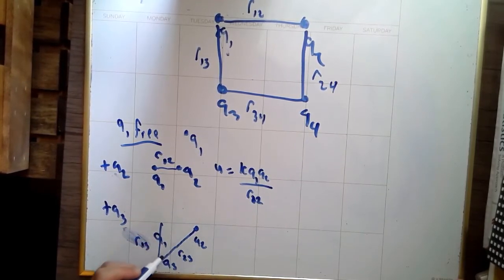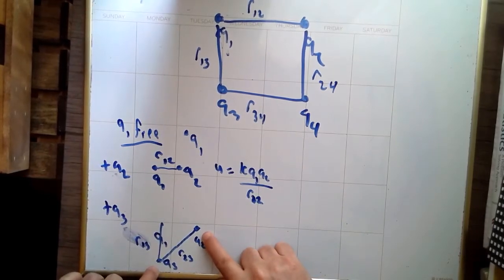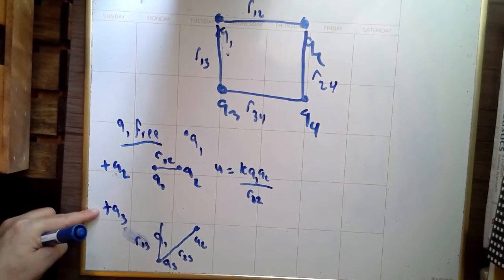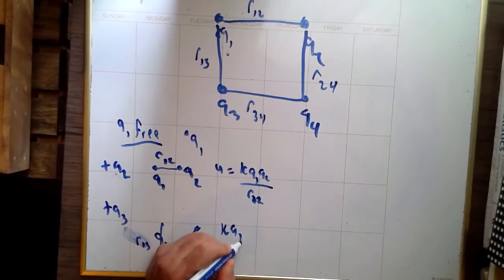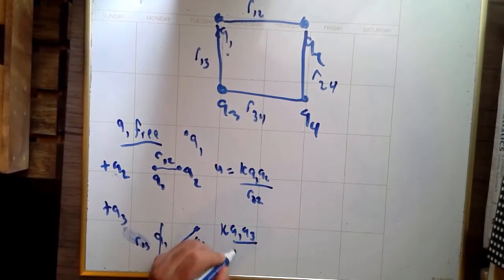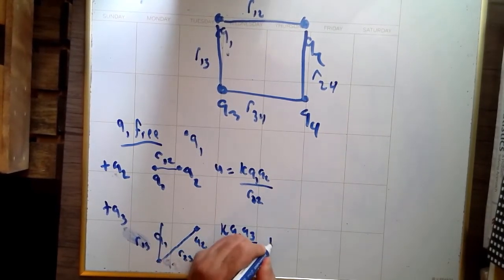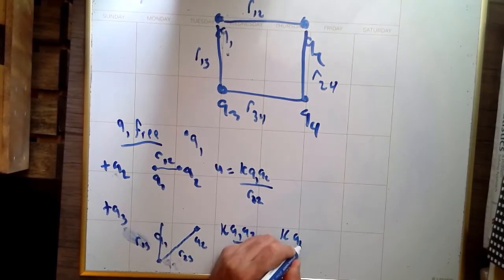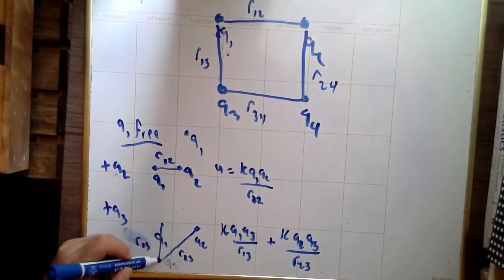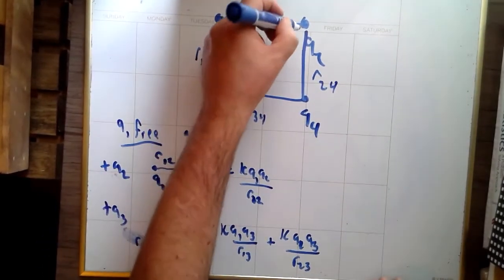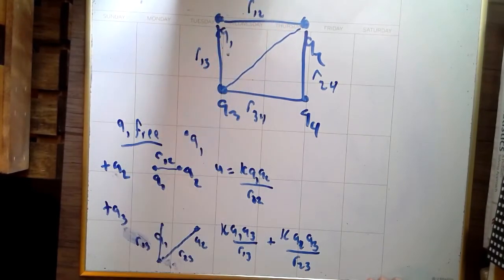I'm going to need that distance between Q2 and Q3. So the additional energy to bring this guy in will be k Q1 Q3 over their distance plus k Q2 Q3 over their distance. And again, I would need Pythagorean to find that distance. That's the distance across my rectangle or square or whatever it is.